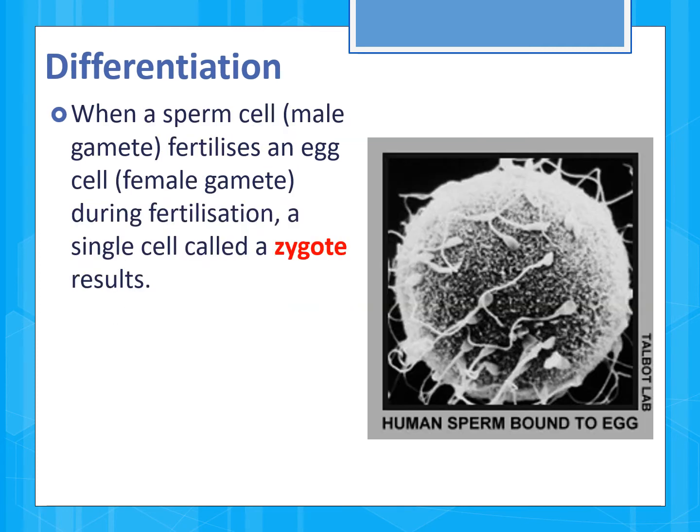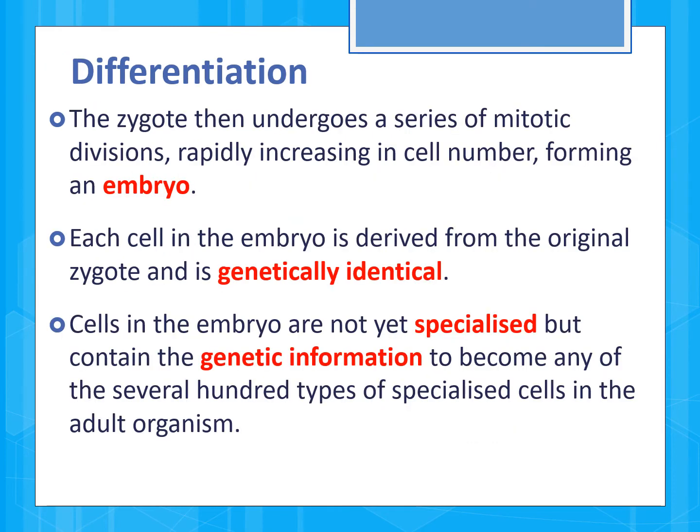That initial fertilized egg is called a zygote. Once you have that zygote, it undergoes a rapid series of divisions. When we use the term embryo, all an embryo is, is a cluster of genetically identical cells that derive from that original fertilized egg.